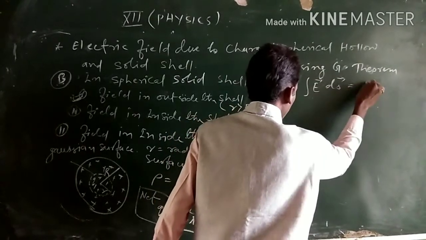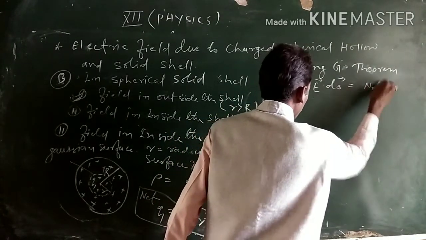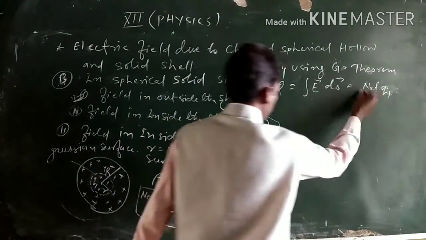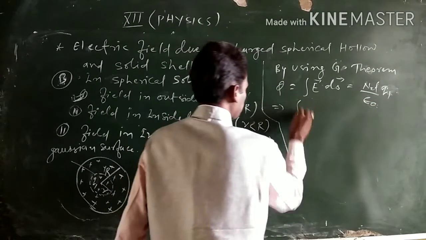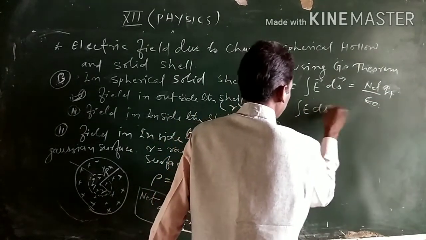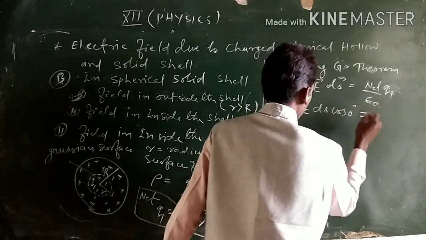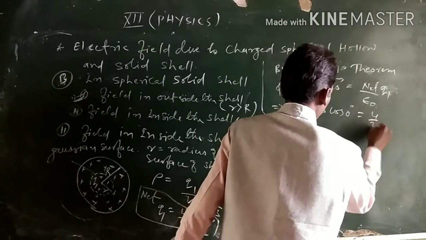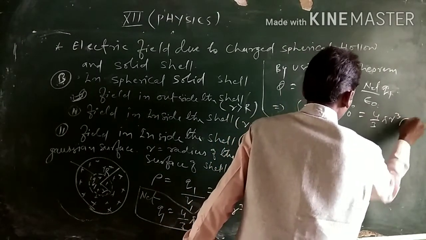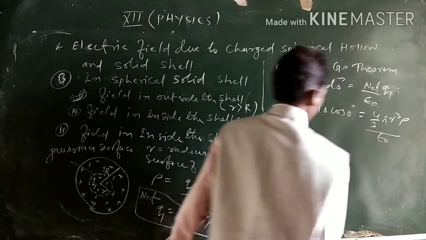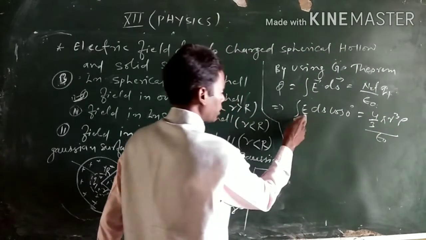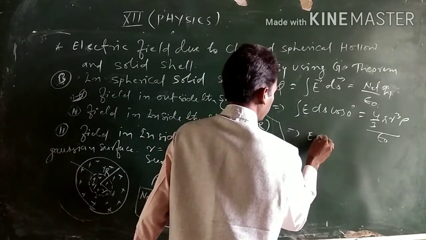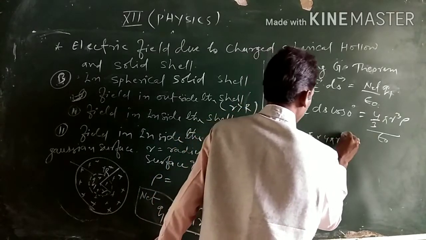Ds is the element, net charge Q1 this time, divided by epsilon naught. Our E ds cos 0 degree is equal to the net charge, the value of net charge is 4 by 3 pi r cube rho divided by epsilon naught as it is. Then our E ds cos 0 degree, that is E into 4 pi r square.